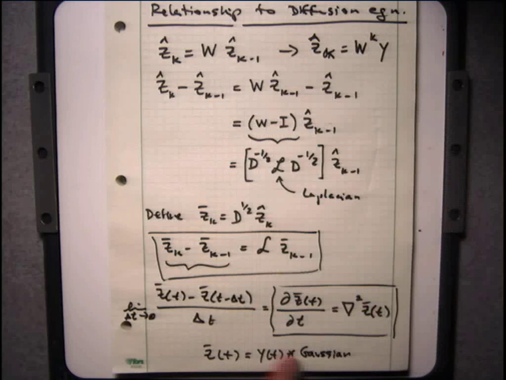And so the two are intuitively very much the same. So this is the reason why this is called the diffusion equation. And the other one, which was the residual iteration, also has a very similar interpretation.